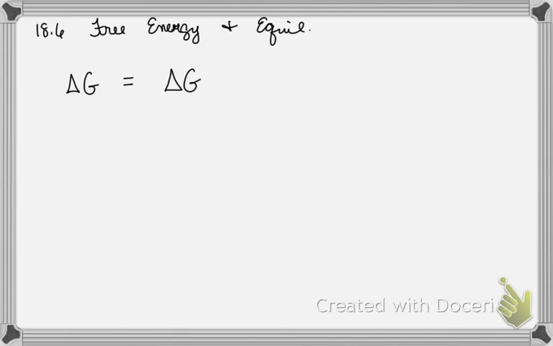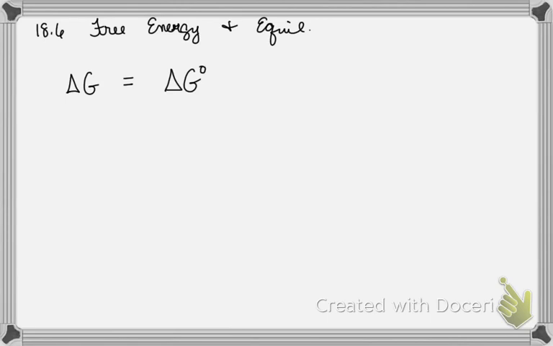Moving on to section 18.6, which deals with free energy and equilibrium. And this is, I feel, rather simple. You guys know that when you have that little degree symbol on stuff, it means standard states.